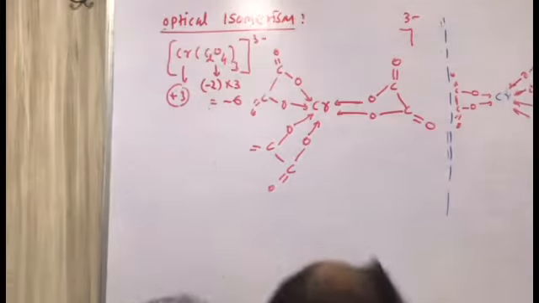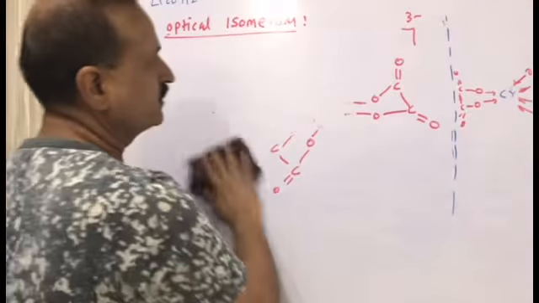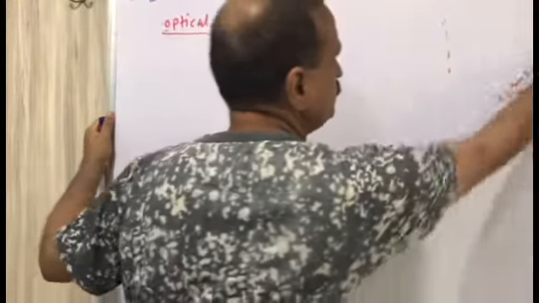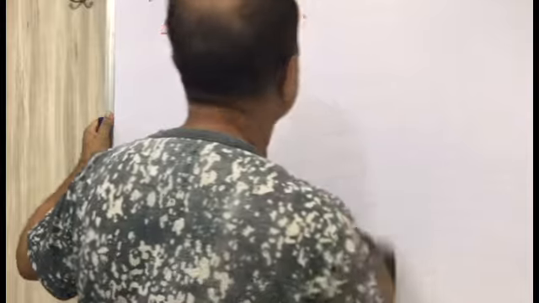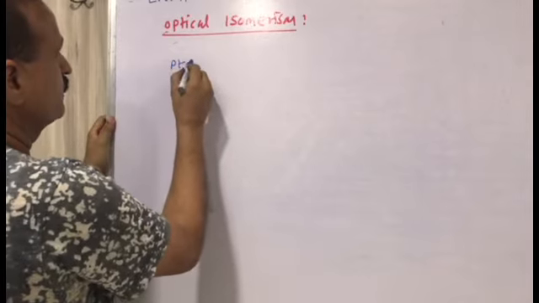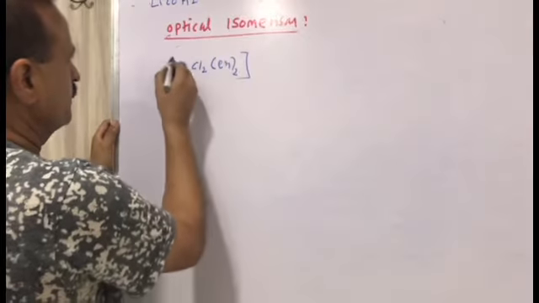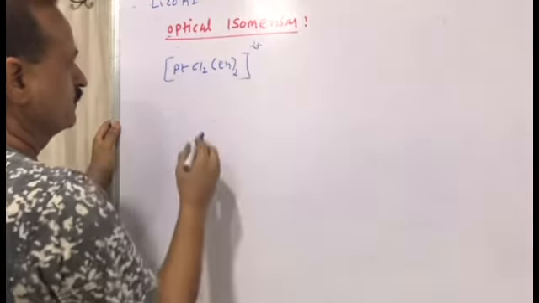We will take another example of optical isomers. Another example is [Pt(Cl)2(en)2]2+.